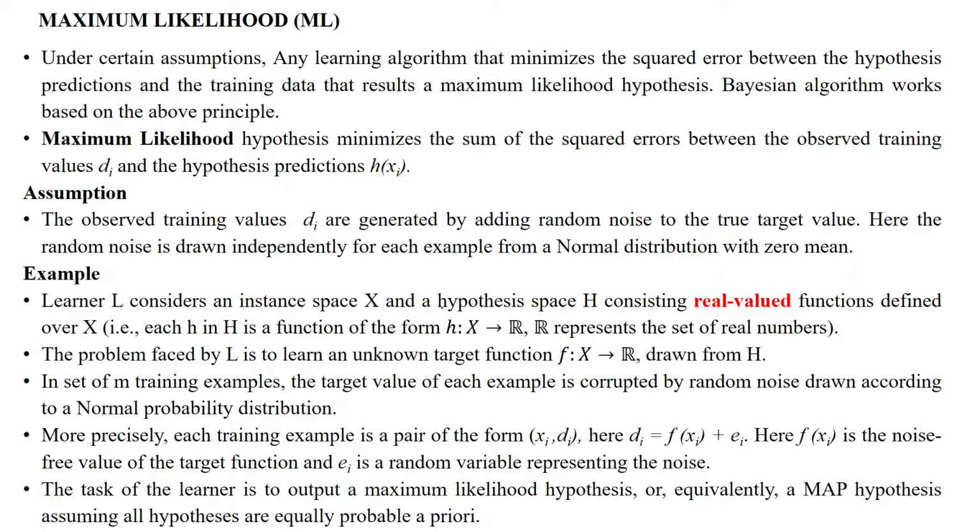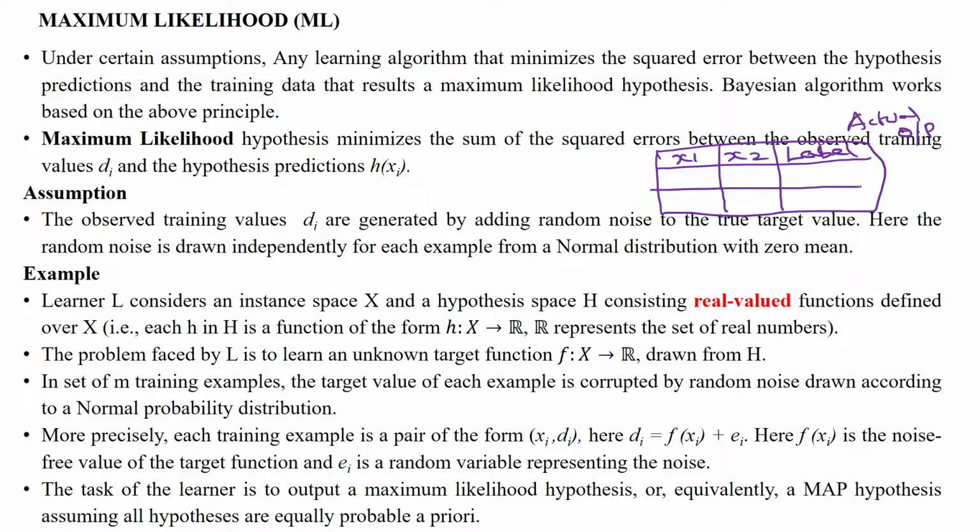For example, our data set may look like this. We have the features x1, x2, and here the actual output label. The data samples have real values, meaning float values.